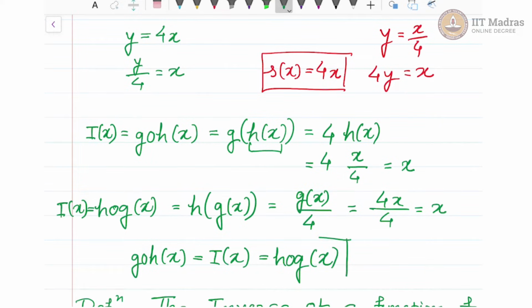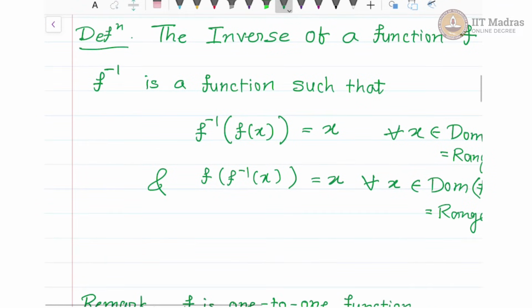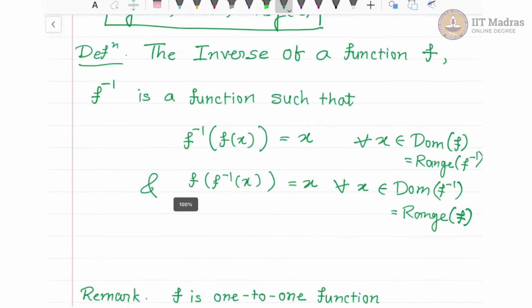Now this becomes our definition of inverse function, and let us define it formally.